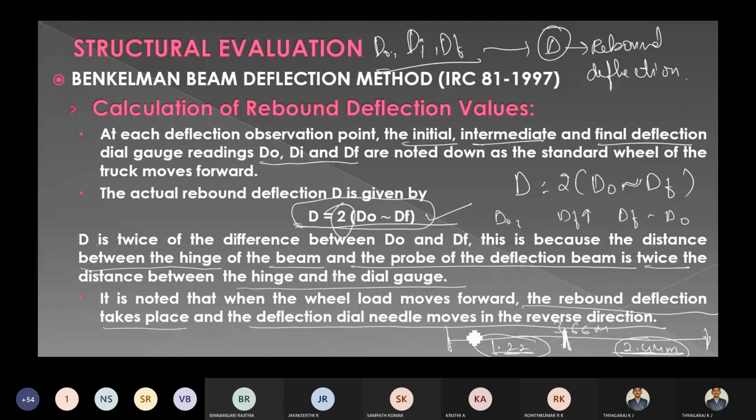Because the distance between the hinge and the dial gauge is 1.22, but the distance between the hinge and the probe end is twice the distance between hinge and the dial gauge. That's why the deflection value is multiplied by 2. So remember, in the exam also they may ask how we are going to calculate the deflection value.